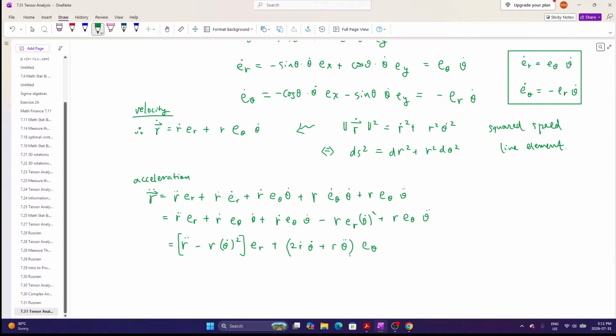However, even if your theta double dot is 0, there could still be an acceleration, and this is the Coriolis acceleration. 2 r dot theta dot is the Coriolis acceleration due to the interaction between the derivative terms.